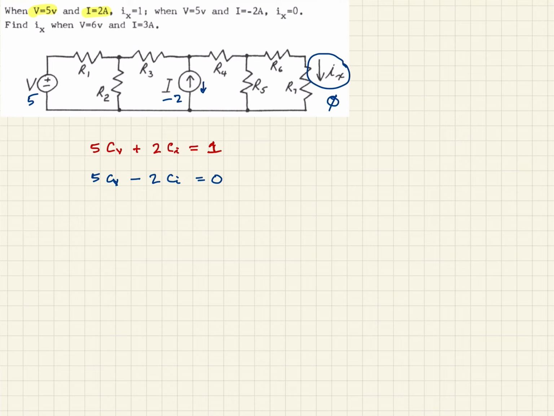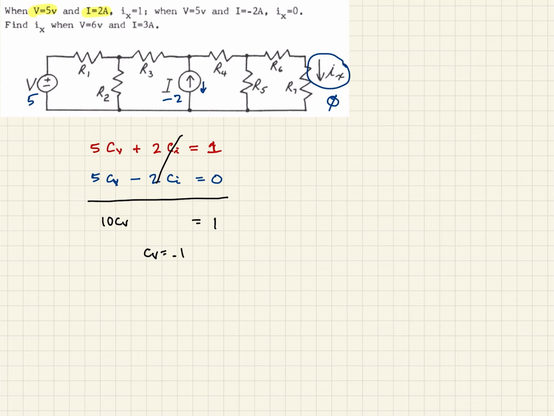We can just solve it real quick. If we add these two together, then we get 10 CV, this will be 0, and this is equal to 1. So that being the case, we have CV is equal to 0.1.